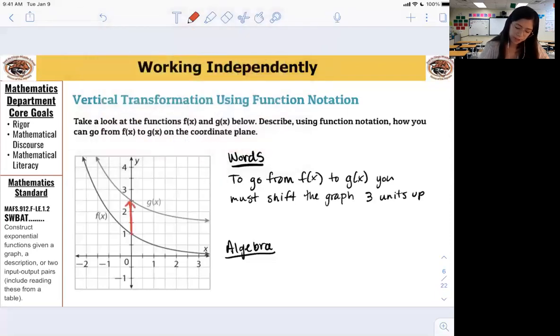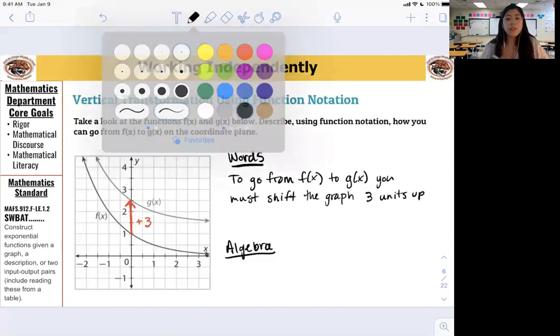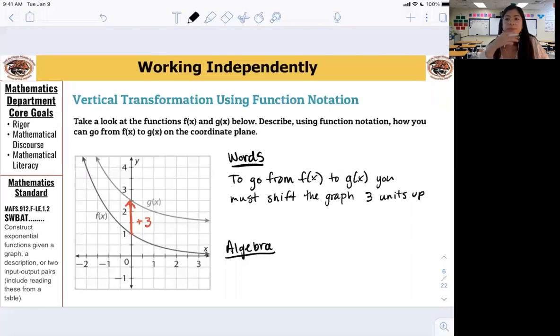So algebraically, can I have a different volunteer give me the algebraic equation for g of x? Yeah, because g of x is the ending point.